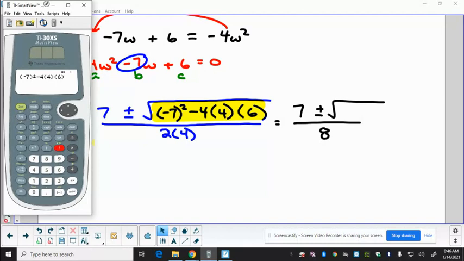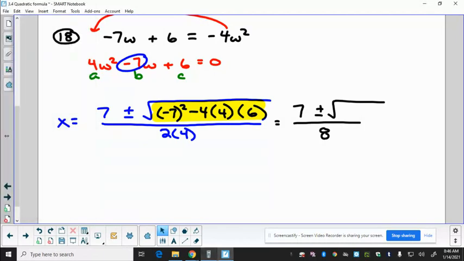I don't think it's going to be anything that we can reduce, but it is going to be an imaginary or complex solution because of that negative. So let's rewrite this. That negative right there is going to be i, so it's going to be 7 plus or minus i rad 47. You can work with that. It's not going to reduce over 8. There's your answers. All right.